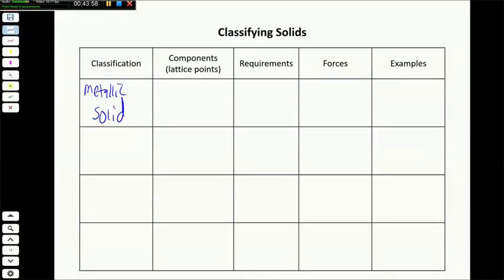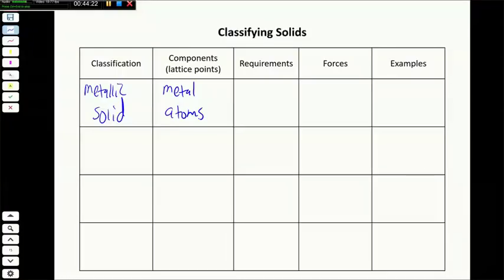So metallic solids are one type of atomic solid, a solid that's made up of only one type of atom. And so when you have a metallic solid, the components that are present, or what we would call the lattice points, the points in the crystal structure that repeat themselves over and over again, those are all going to be metal atoms. So we saw that metallic solids have a number of different possible structures.